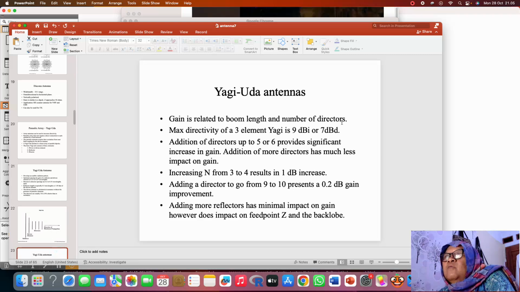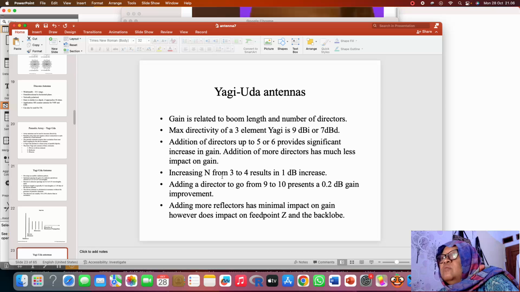The number of directors: maximum directivity of a 3 element Yagi is 9 dBi or 7 dBd. Addition of directors up to 5 or 6 provides a significant increase in gain. Addition of more directors has much less impact on gain.